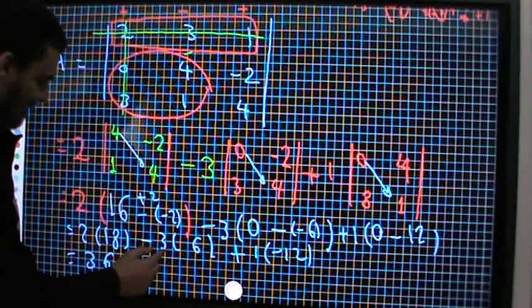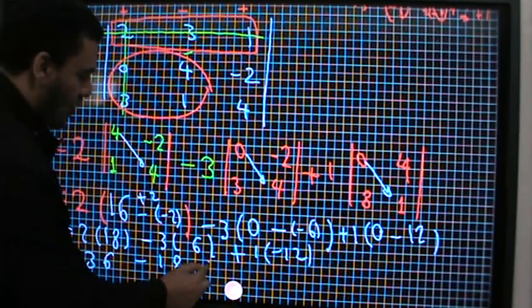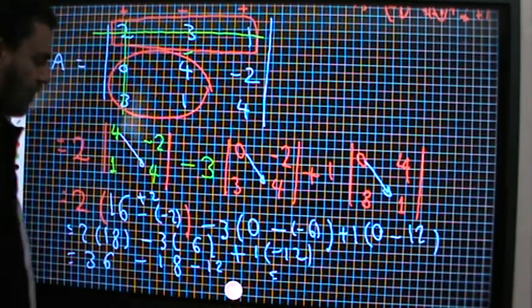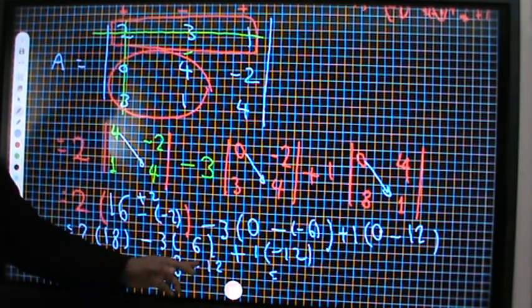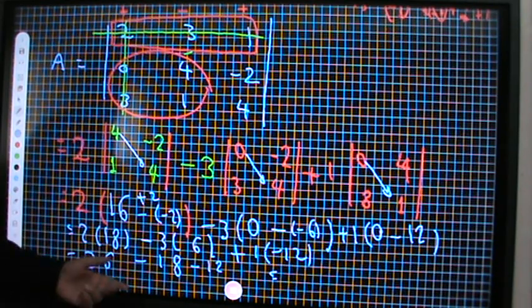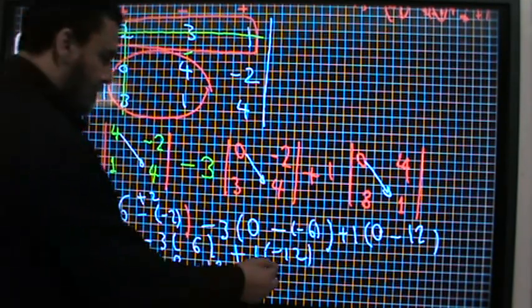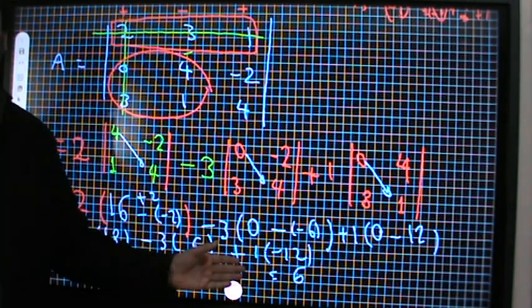Minus 3 times 6 will be 18. And 1 times negative 12, it will be negative 12. Evaluate this value, 36 minus 18, it will be 18. 18 minus 12, it will be 6. Then the value of this determinant is 6.